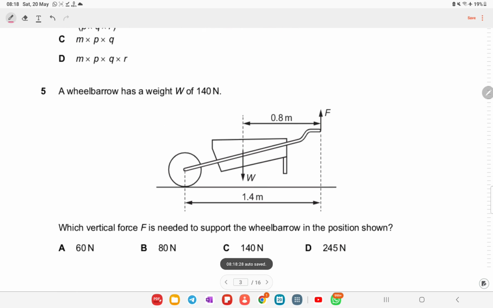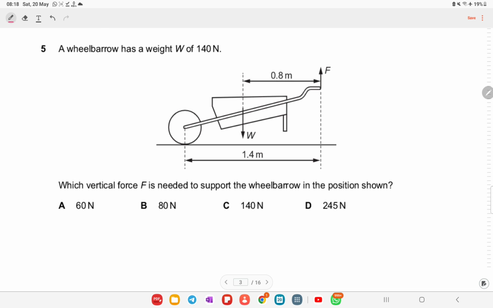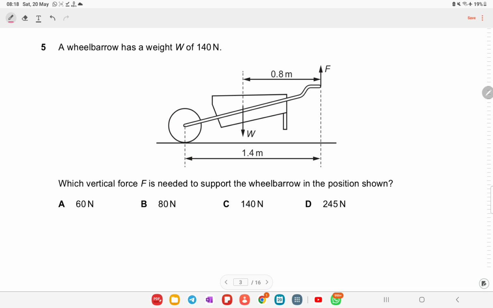A wheelbarrow has a weight of 140 newtons, and which vertical force is needed to support the wheelbarrow in the position shown? So now you see this is a principle of moments question. So this is our pivot, and from the pivot we have to deduce the quantities.